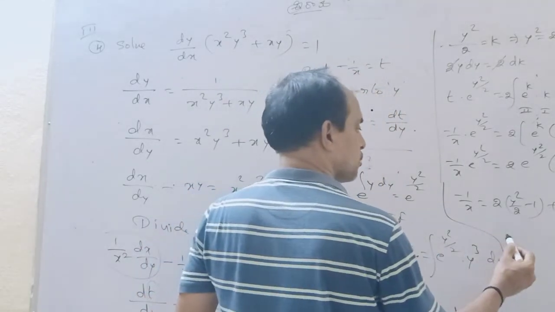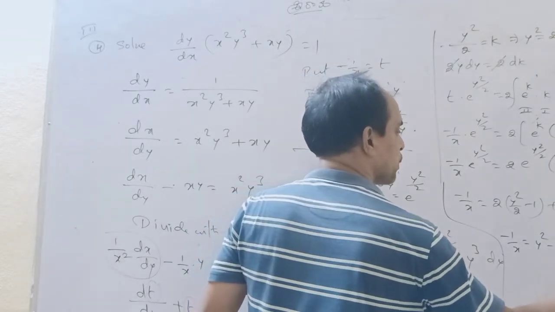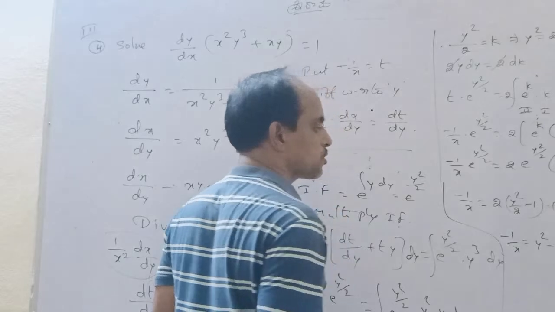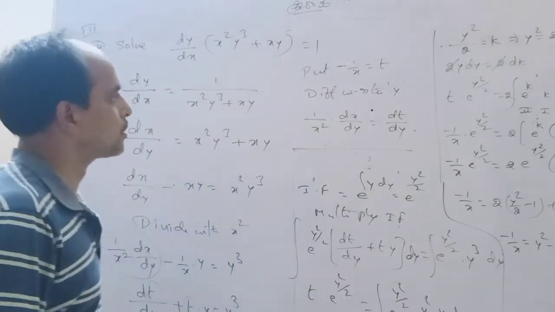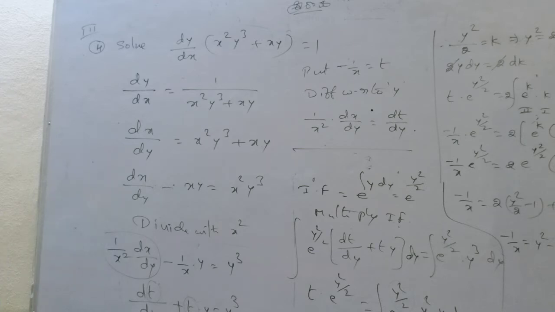Now it is minus 1 by x is equal to y square minus 2 plus c into e to the power of minus y square by 2. You can simplify the answer. So this is the process to find the solution of this differential equation.